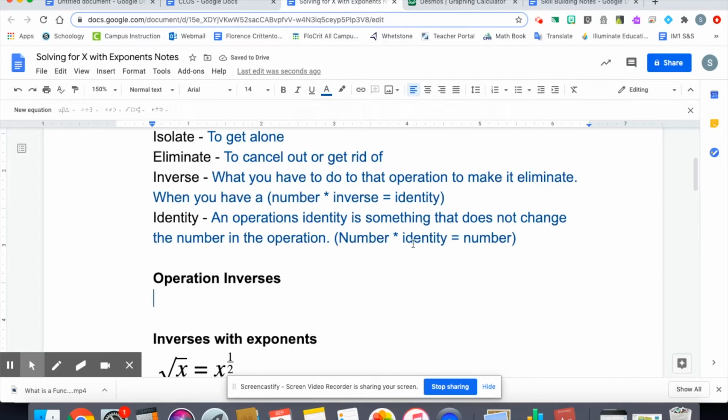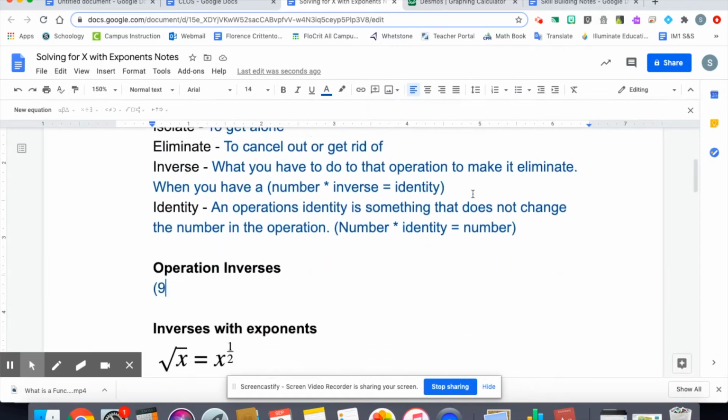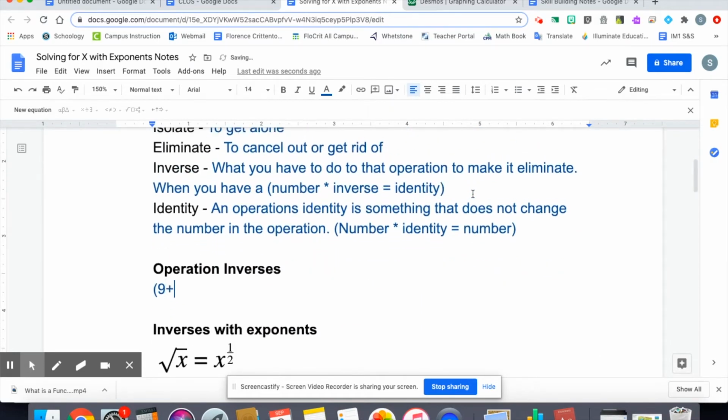I'm going to take some number because all of these formulas say number. Let's say I take 9. And I'm going to do some operation. Remember, my operations are add, subtract, multiply, and divide. I'm going to start with add. And the identity, whatever the identity is, needs to equal the same number that I used.